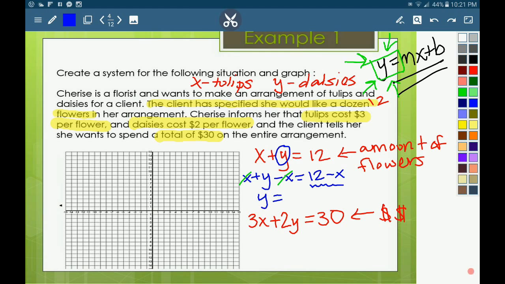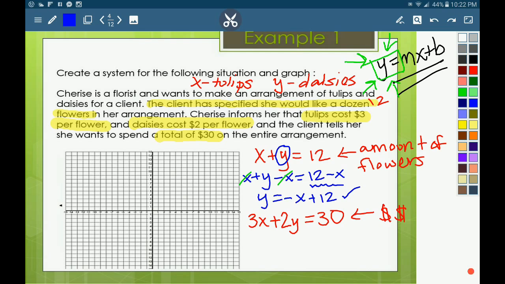So instead of writing 12 minus x, you can write negative x plus 12, because the 12 here is positive. The x here is negative. So as long as you switch them around and carry the sign with them, you still create an equation that is true. And this is in y equals mx plus b.